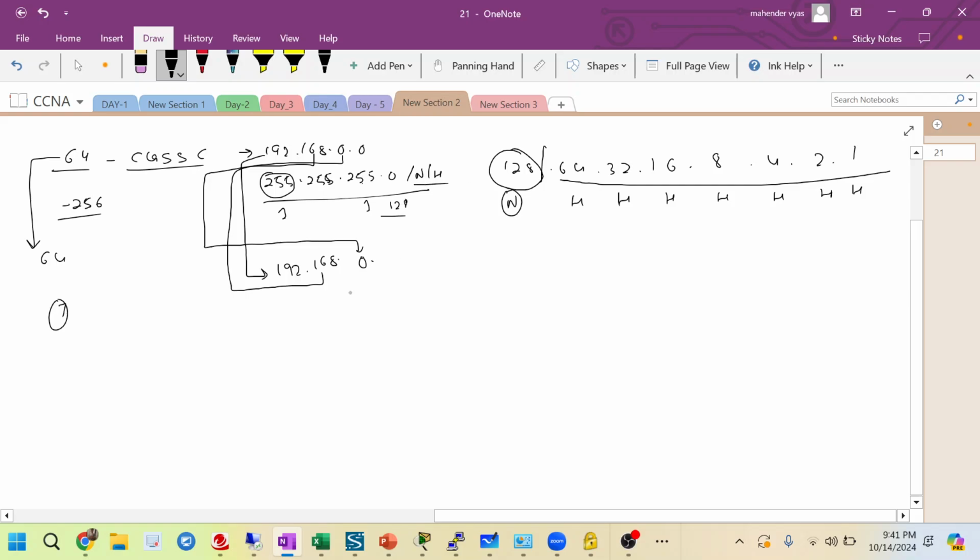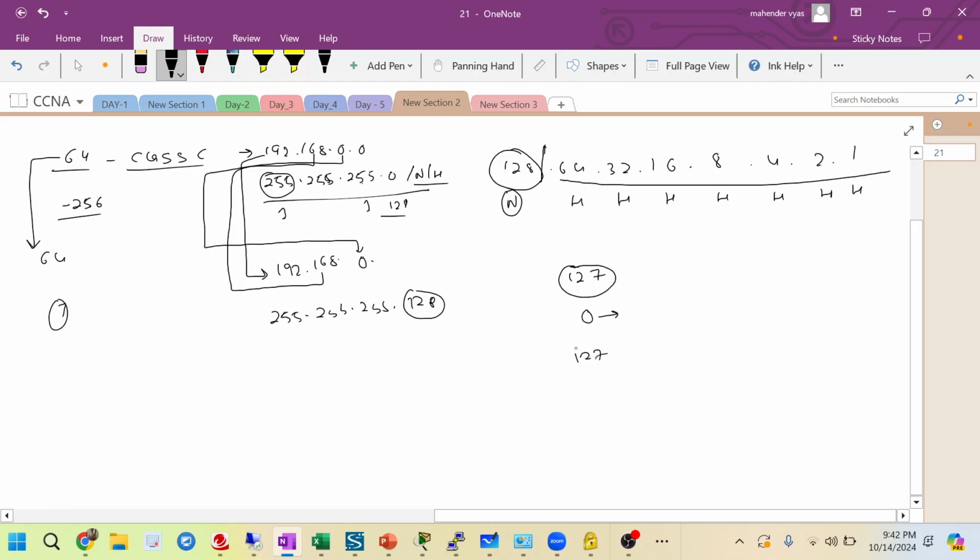So the subnet mask is now 255.255.255.128. With this subnet mask, 128 comes in the fourth octet. Before 128, how many numbers do we have? 127, from 0 to 127. So now 0 to 127 is our address range.